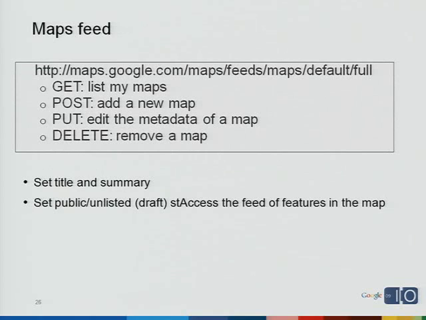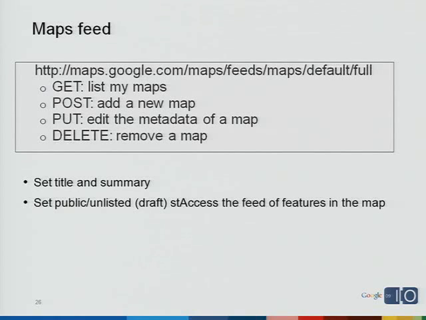In Google Data APIs, we use 4 different HTTP actions. In addition to the normal get and post, there's also put and delete. If you send a GET request with this maps URL, this says, give me the list of all my maps.